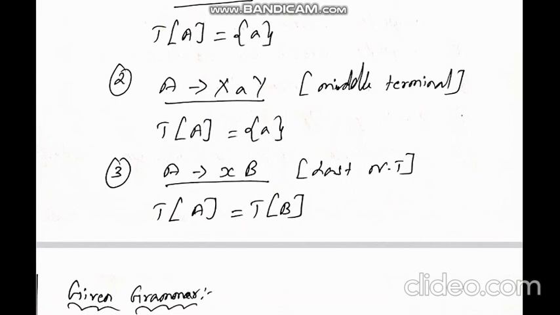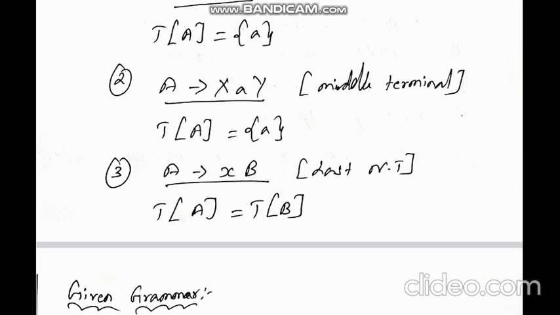The next part is similar to what we have in leading. Here you can see that A tends to capital X, capital Y, and in between we have a. So trailing of capital A is equal to the center terminal term. That is the exact property we are going to follow in leading and trailing; both are equal. Here only the second property differs. What is the third property?